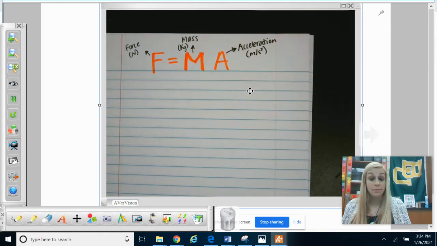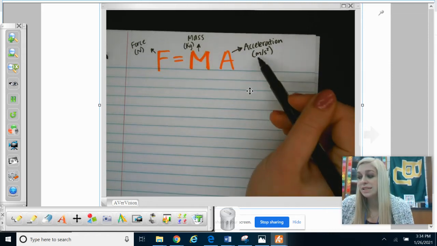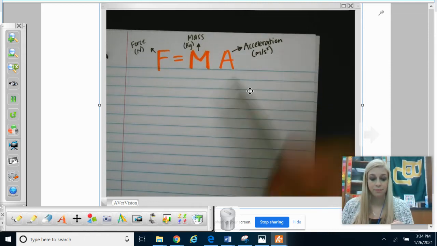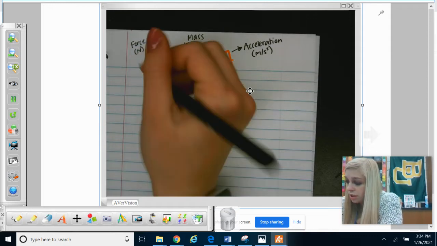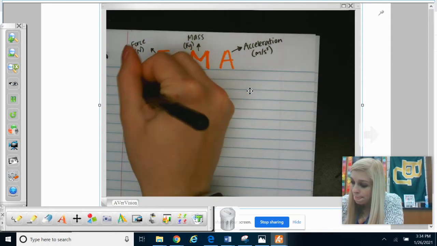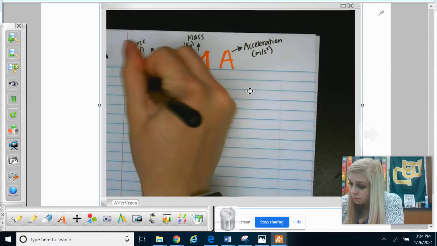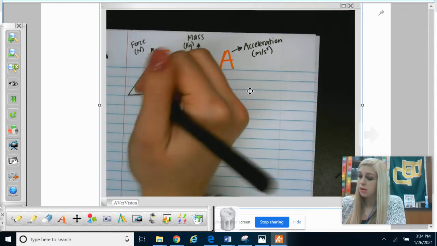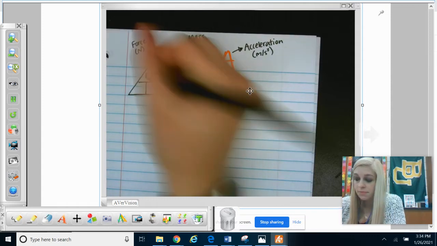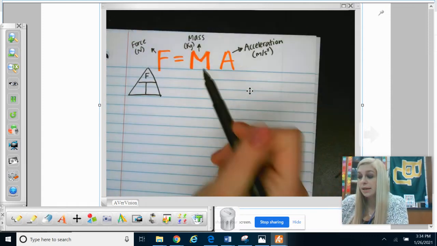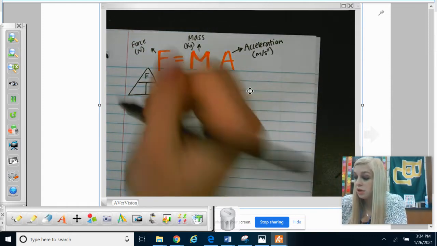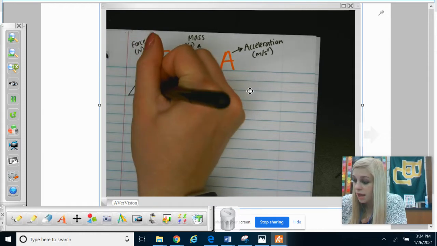Acceleration could be in kilometers per second squared, kilometers per hour squared, but we know we have a distance and a time squared. So our triangle is going to look like this. F on top, because we need mass times acceleration, so we have to put M and A on the bottom.